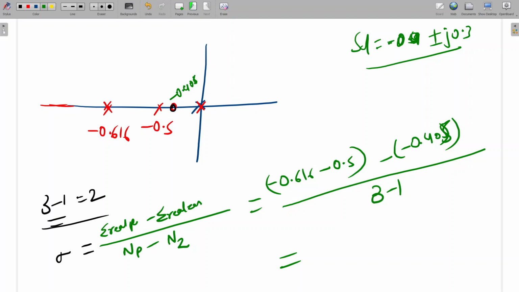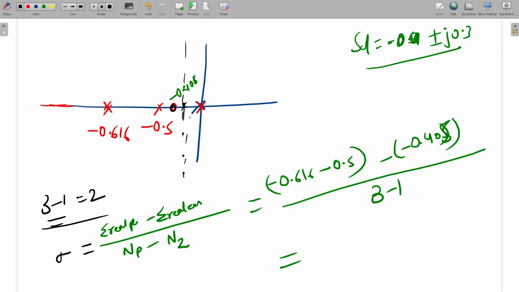Yes, sir. So the centroid is minus 0.355, somewhere here it will be. But the zero at minus 0.405 is a very nearby value.